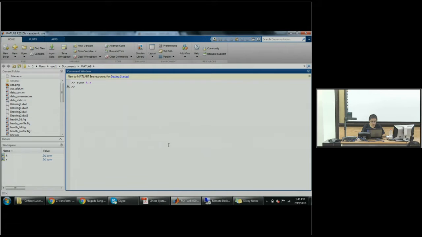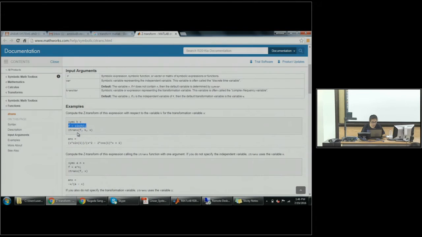If k was a variable, we couldn't have done this without defining the values of k. But since k is a symbol now, we can do this.